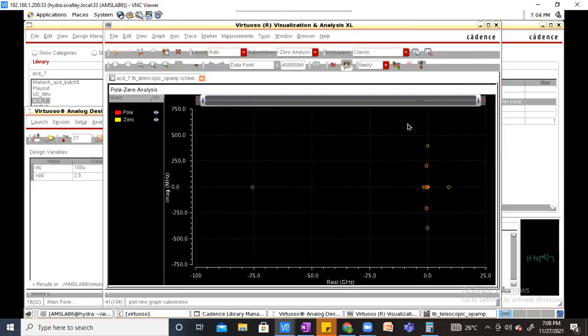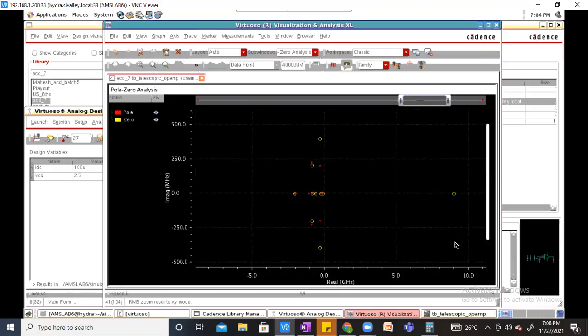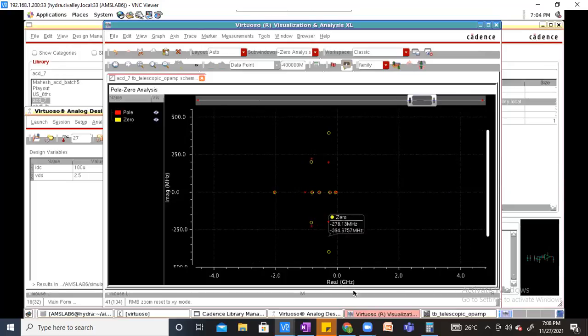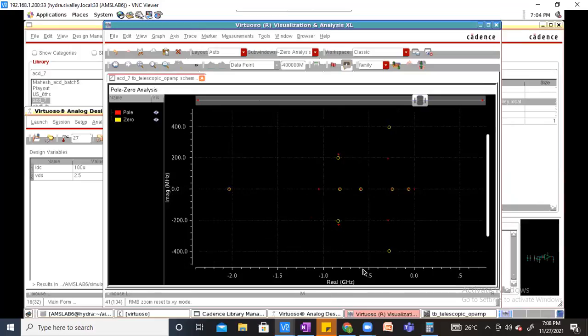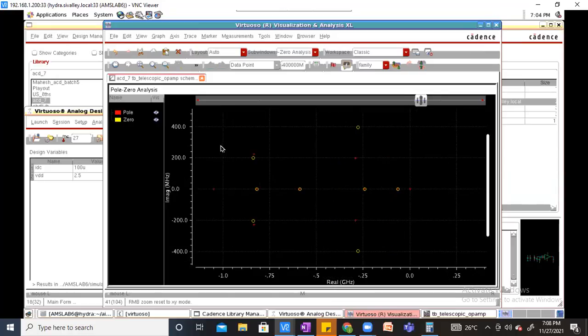You can see how many poles and zeros there are here. I'm worried only with respect to this zero hertz region. I'm least bothered about the other high frequency zeros. I want only the low frequency zeros.